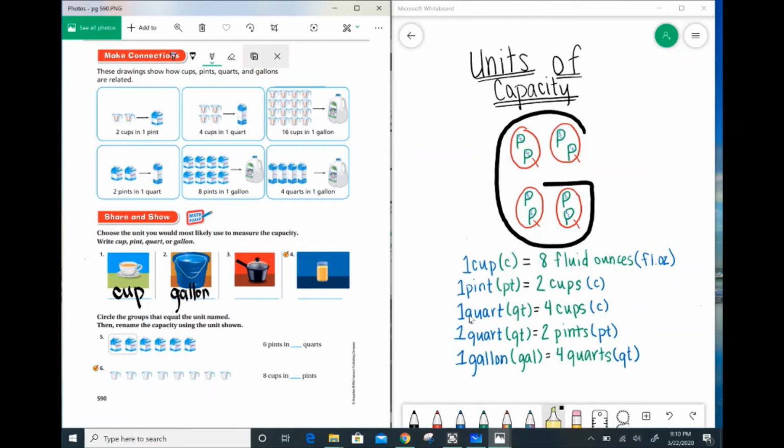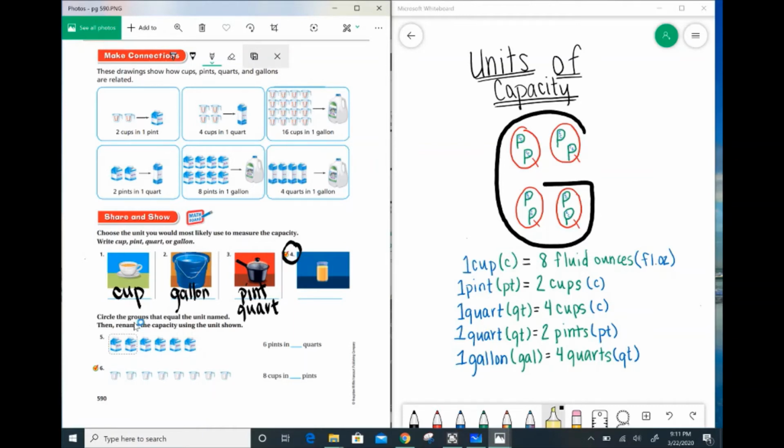I would definitely either use pints or quarts, it depends on what we're cooking, to go ahead and measure how much water or liquid is in there. I'm going to go ahead and have you guys complete number 4 by yourselves. Now let's go ahead and go to number 5.